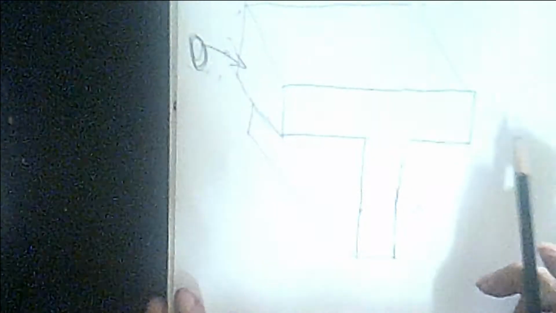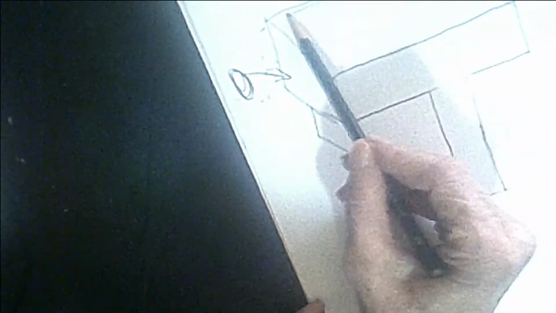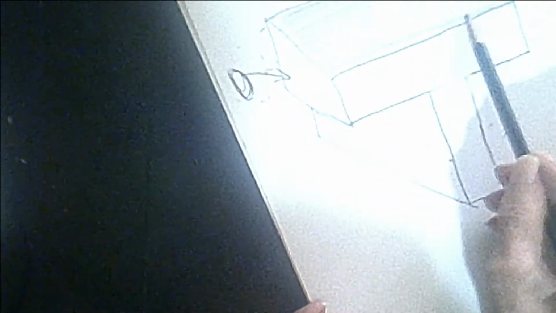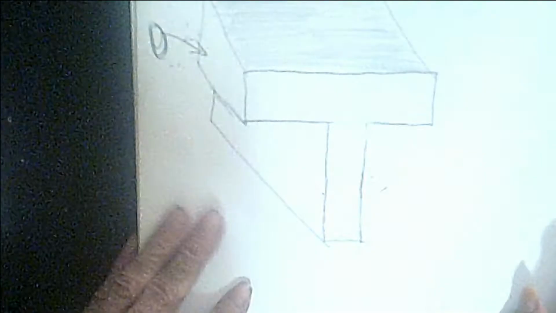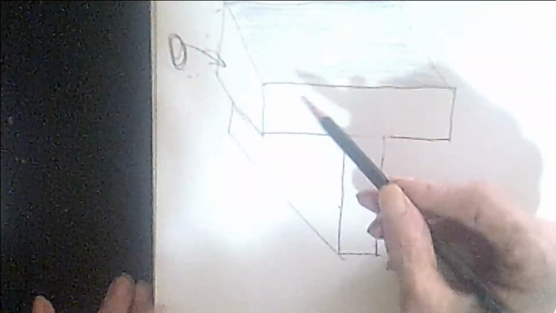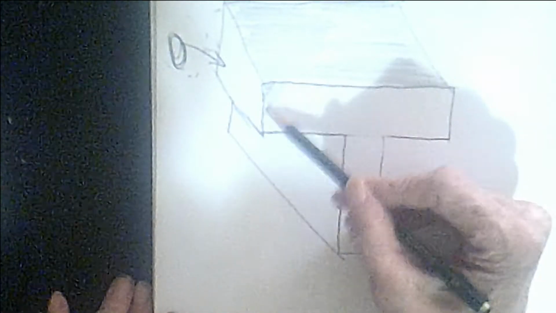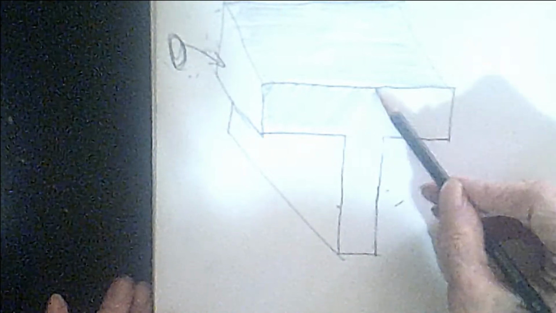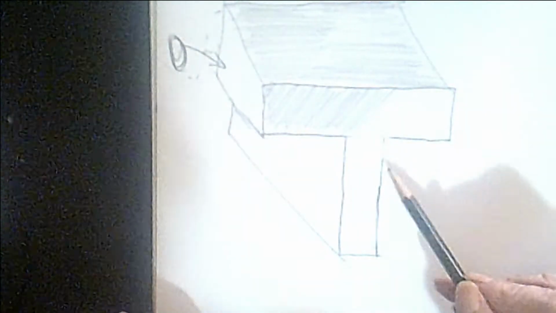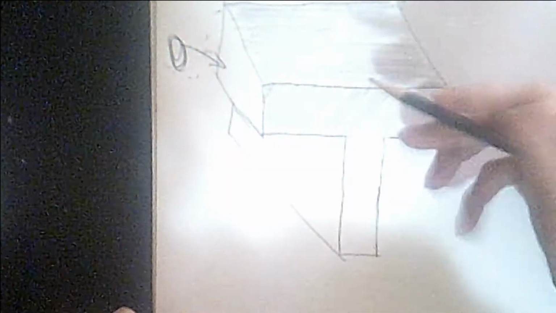That means this top here is the mid-tone area, and this front would also be mid-tone area. There is no core shadow on this one because it's back here out of sight, so they wouldn't see that.